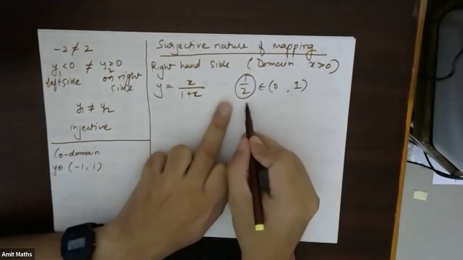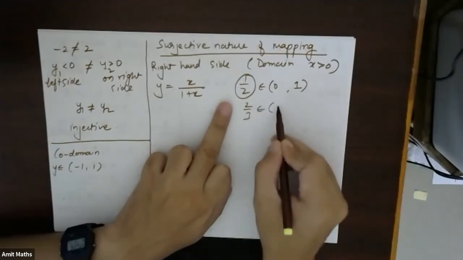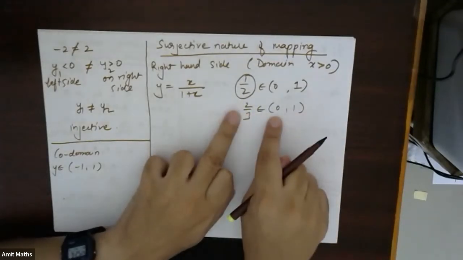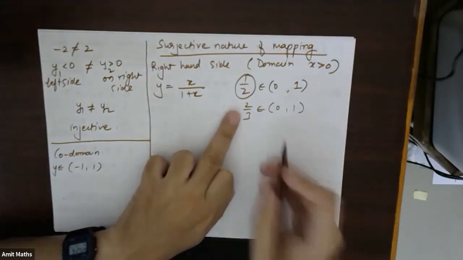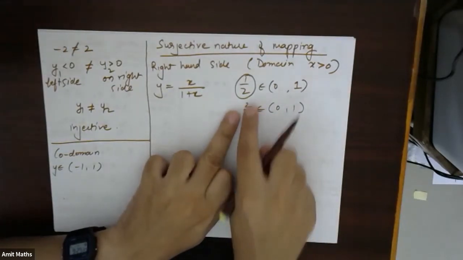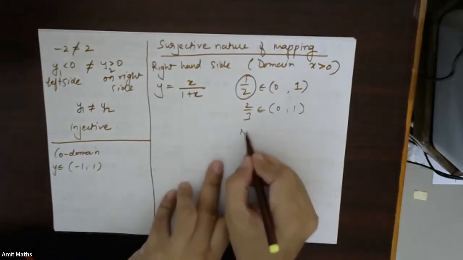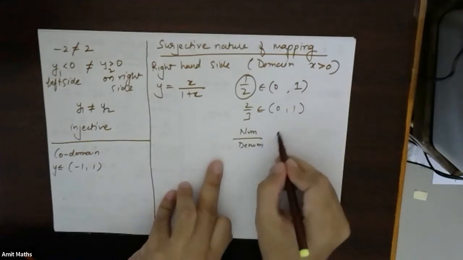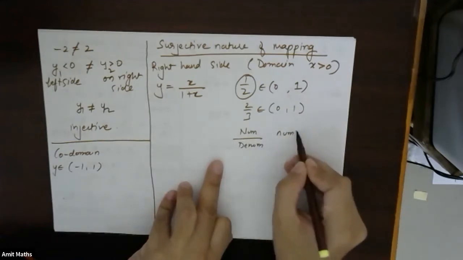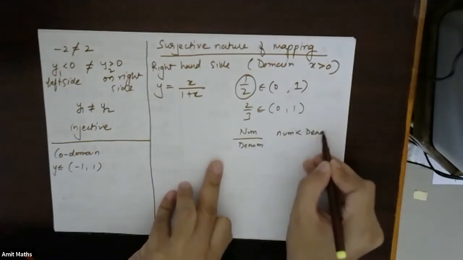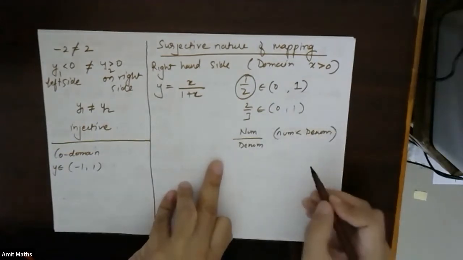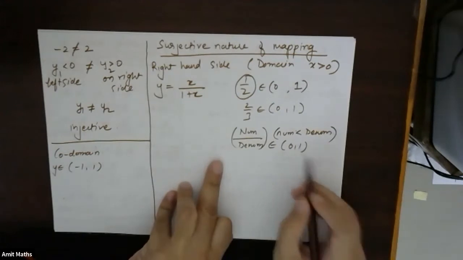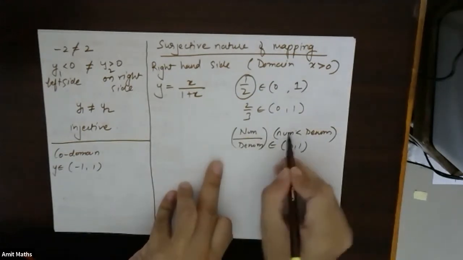If I write 2 by 3, this value will also belong to 0 to 1. This will never be equal to 1 and it will always be greater than 0. In any value where the numerator is less than the denominator, this whole part will lie between 0 and 1, considering that both are positive.